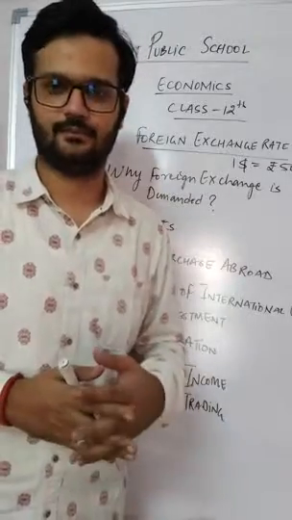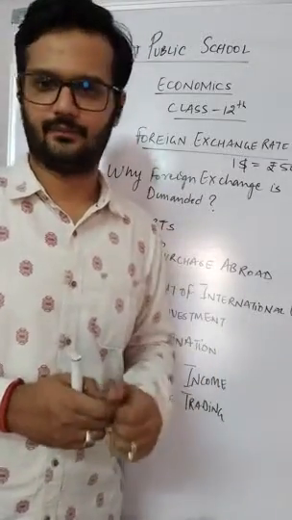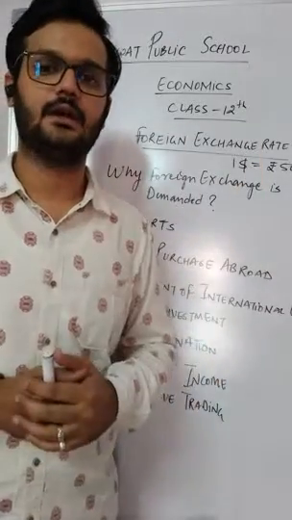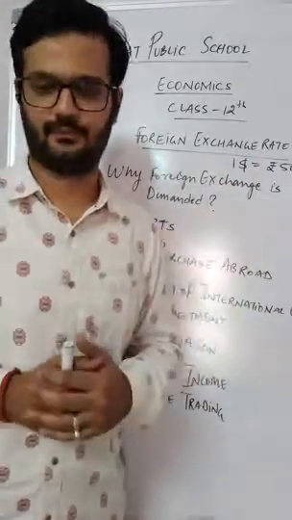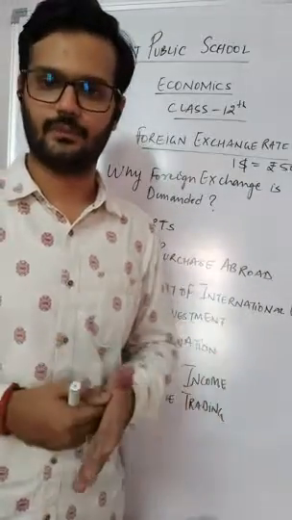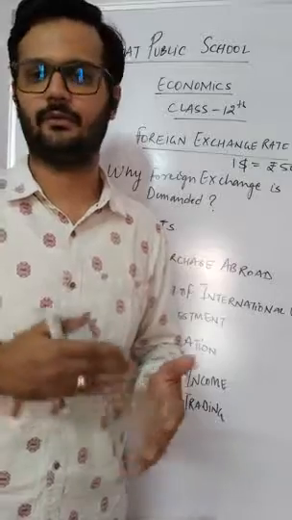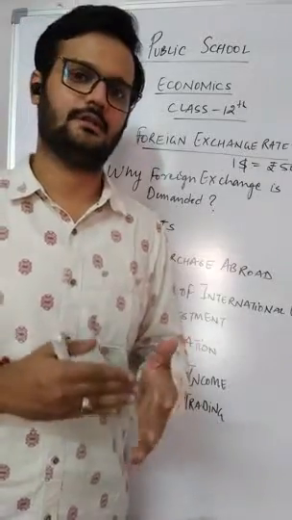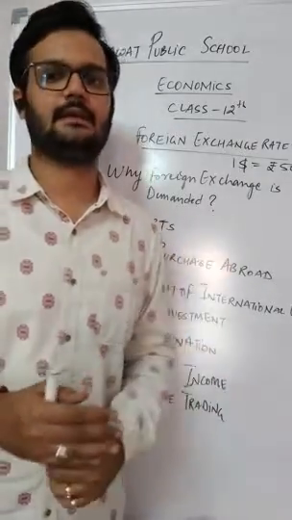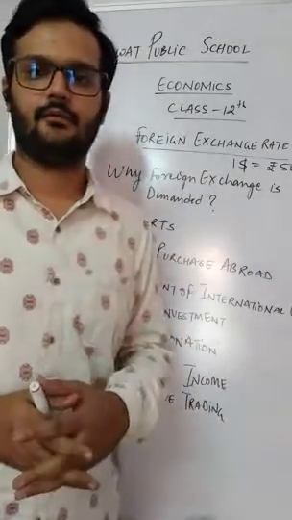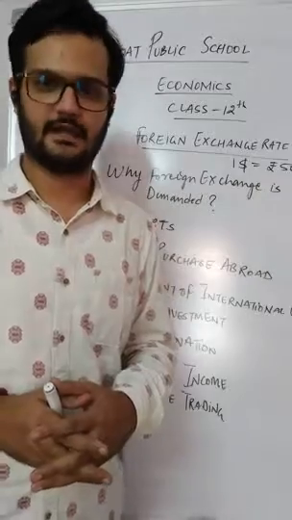So you buy those dollars and you sell those dollars at a higher price later on. Just like we do in gold, just like we do in shares, we can do that particular speculative trading in foreign currency also. So these are the points which we are considering for the demand of foreign exchange.